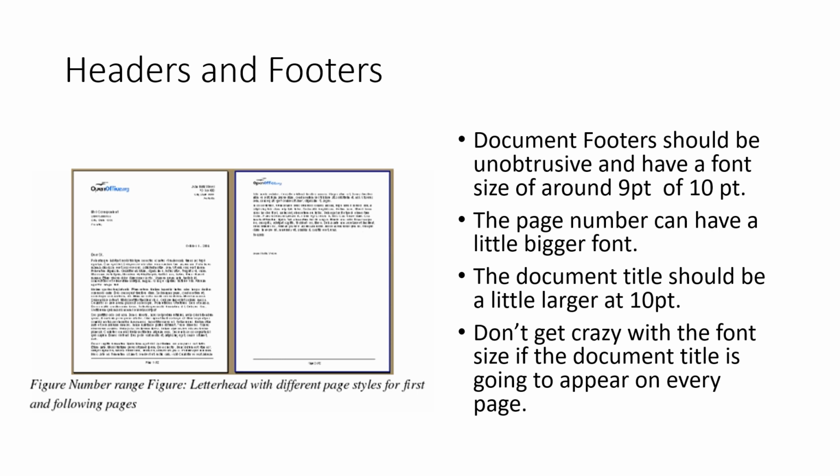It should just be a little piece of text up there that says what the document title or maybe even the chapter is. But you don't have to put it in really huge font if it's going to be on every page. You want it to be just a small, unobtrusive piece of information in a small text size. That's all you're doing. We're not looking for something that's overpowering and grabs the reader's attention.